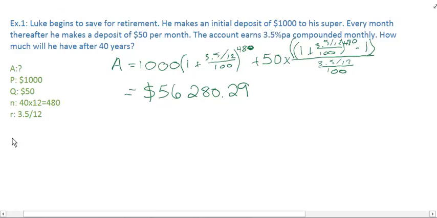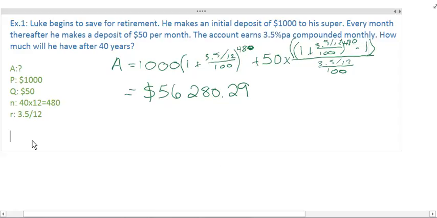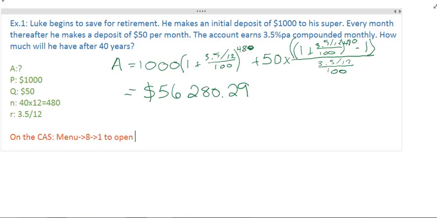Okay. So I will just reiterate here. On the CAS menu, 8.1 to open the finance solver.